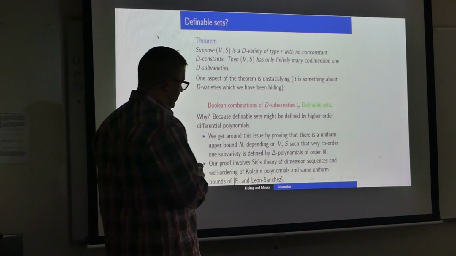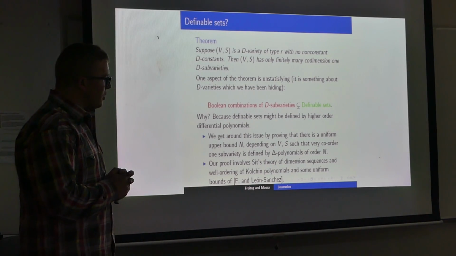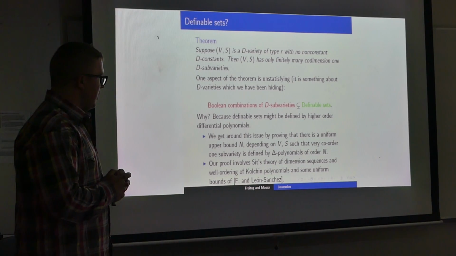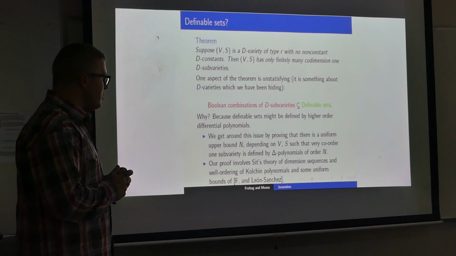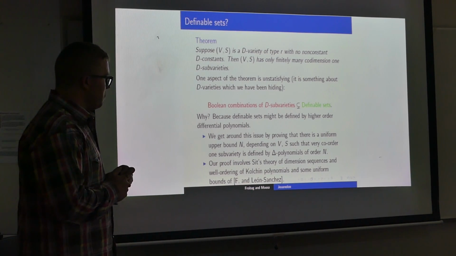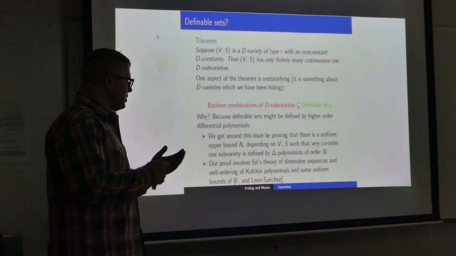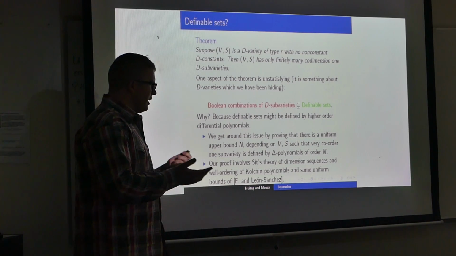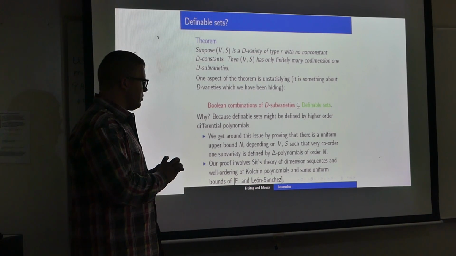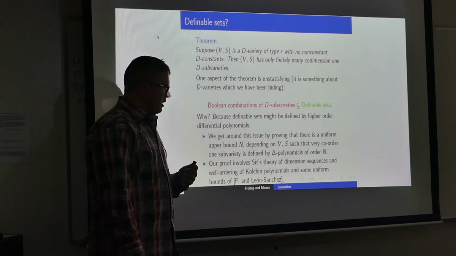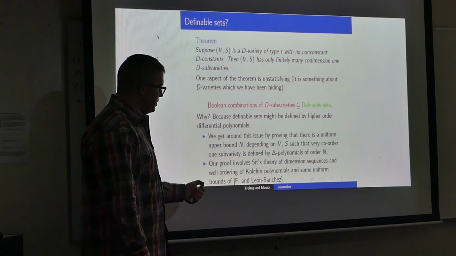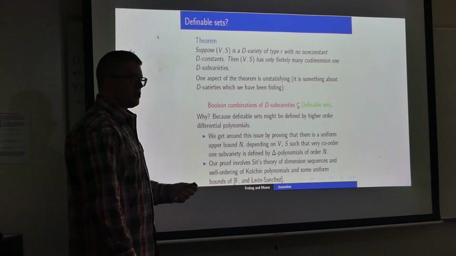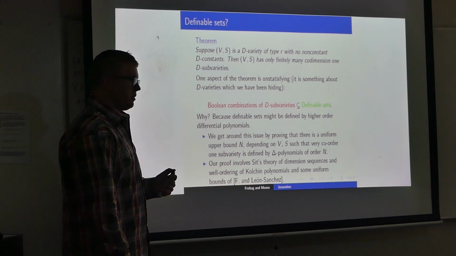In the setting of partial differential equations, the proof that Rahim and I gave involves basically some bounds in certain uniformities, but in a certain way it relies on the kind of combinatorics that William Sit used to show that the Kolchin polynomials are well ordered.